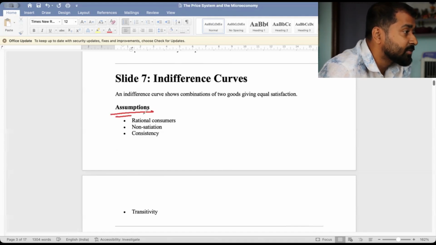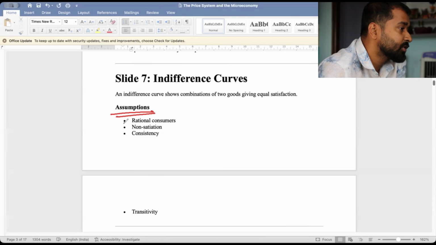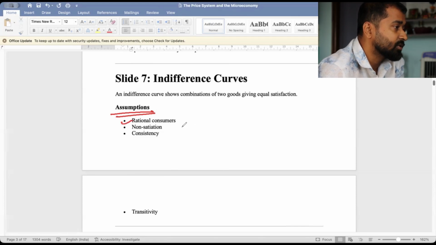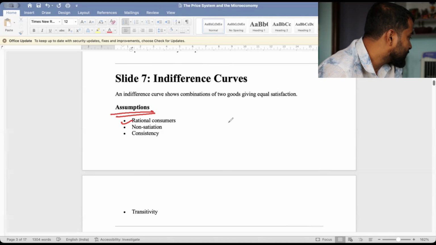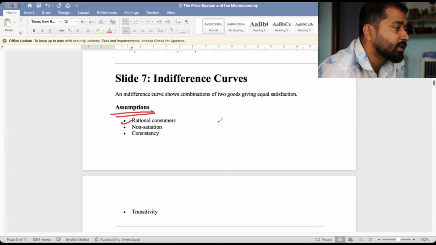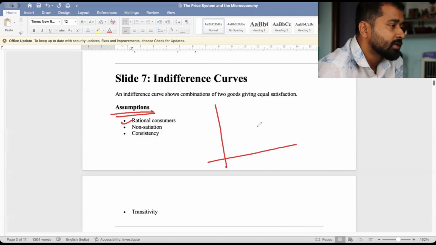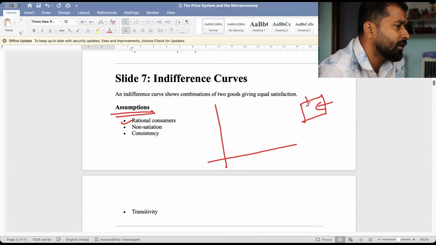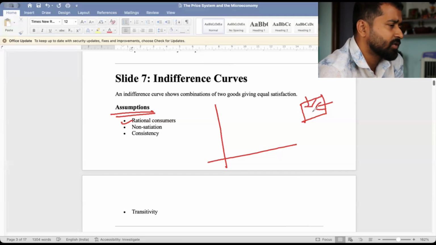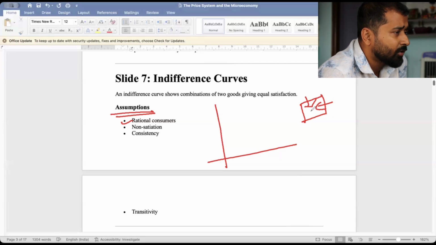Now for some of the assumptions, people should be rational consumers. What is a rational consumer? A rational consumer is one who consumes the goods only for getting satisfaction; there is no other intention in this. For example, I am sitting in a restaurant and every day I come with my clients, doing some meetings, and every day I purchase one burger and one cappuccino coffee.